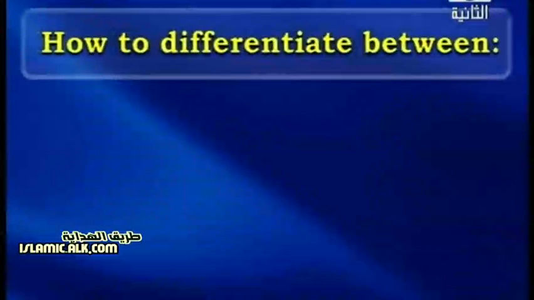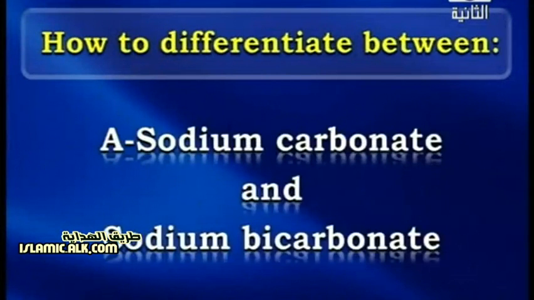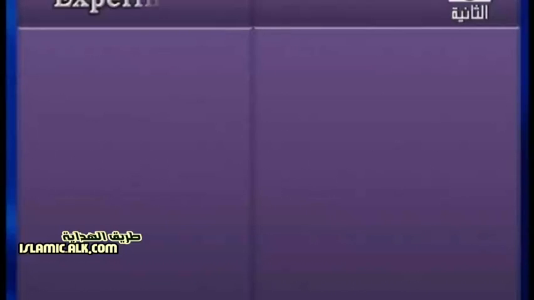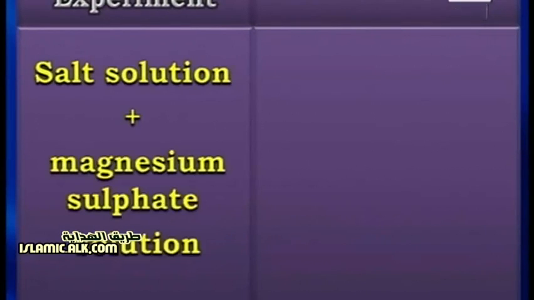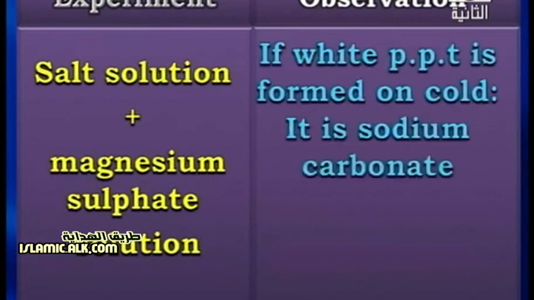My dear students, if we have a question here, how to differentiate between sodium carbonate and sodium bicarbonate. Here the experiment: the salt solution plus magnesium sulfate solution. Here the observation: if a white precipitate is formed in the cold, it is sodium carbonate.